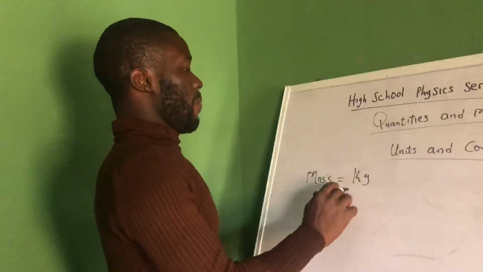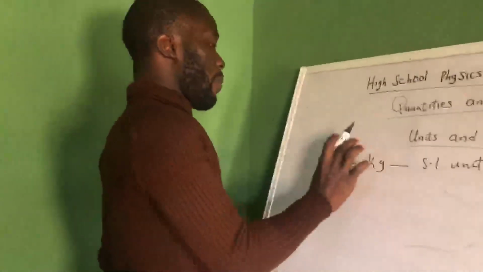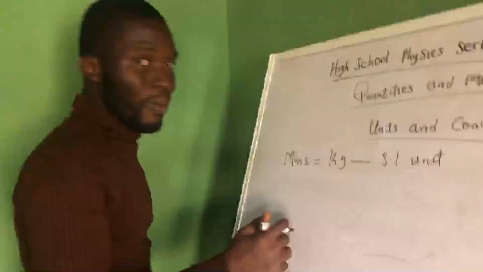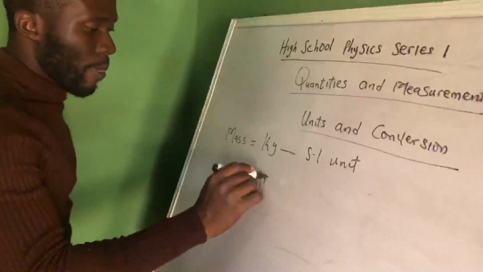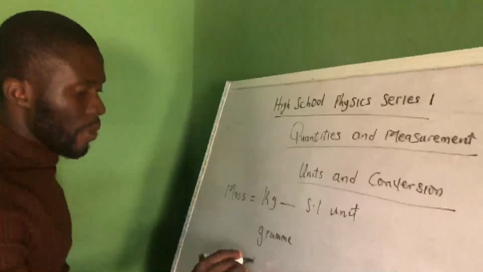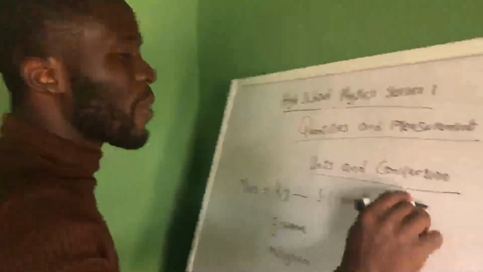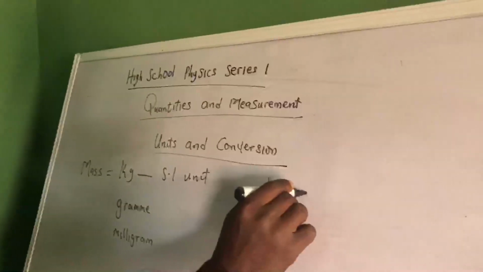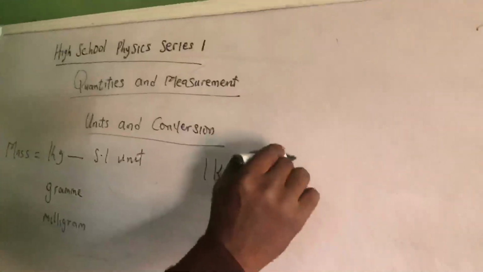We have gram, and we also have milligram. But mind you, kilogram is telling you something. 1 kilogram means 10 raised to power 3 gram. That's 1 kilogram.